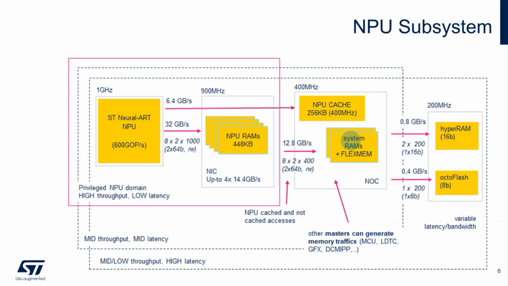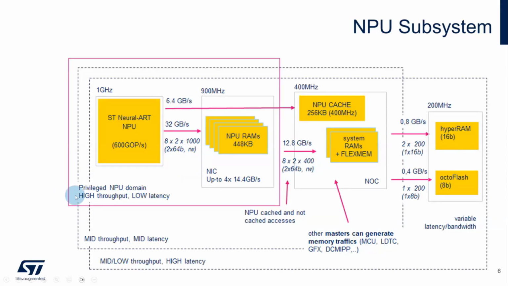So it will be a reduced size for the image definition. And why? Because it will increase a lot the inference time, which is not the purpose, even on a high performance NPU. So that's another way to show why there is this privileged domain.